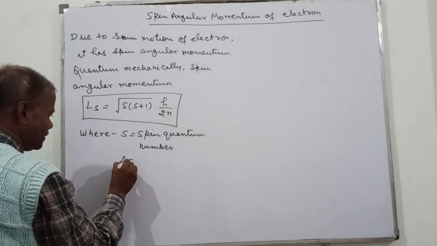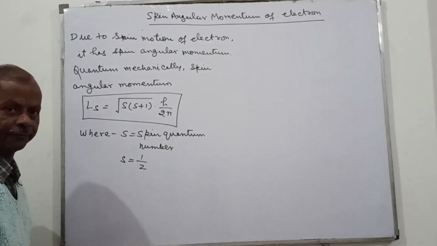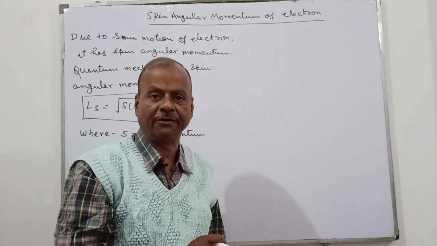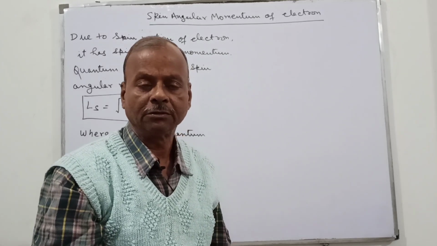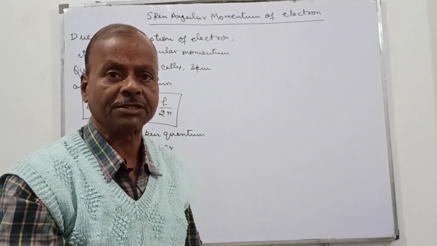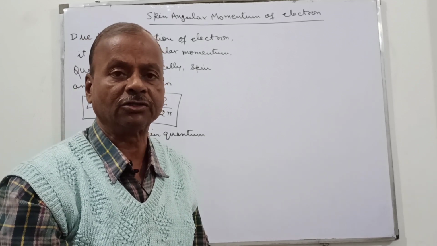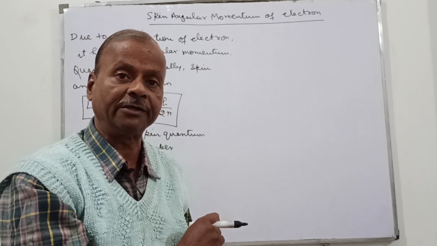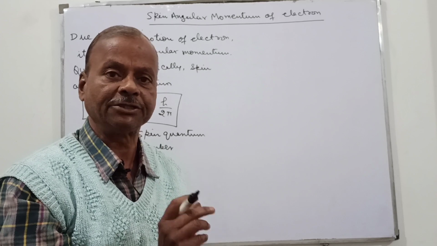And this S is always equal to half. The spin is always half. For the single electron, the spin value is half. So this spin is never zero. Because of that, this angular momentum for the spin motion is never zero.